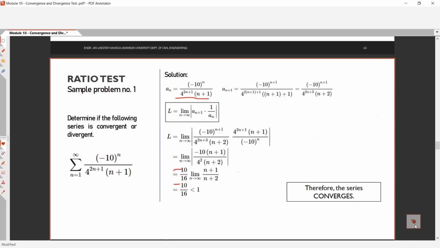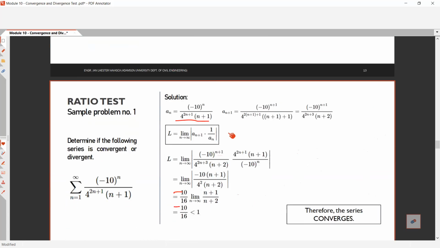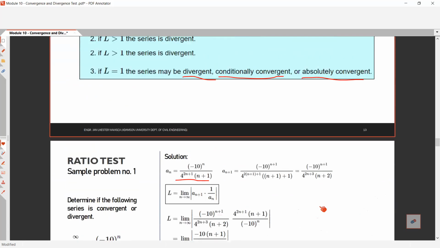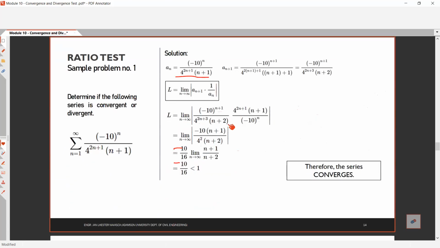Let's go back here. Our negative 10 over 16 will be our value L. That is our value L. So therefore, that is less than 1. Okay? So therefore, the series converges. Okay? That is absolutely convergent. Okay? That's it.